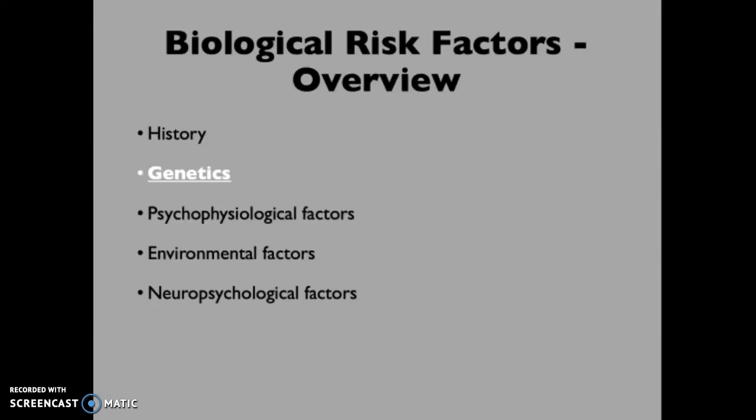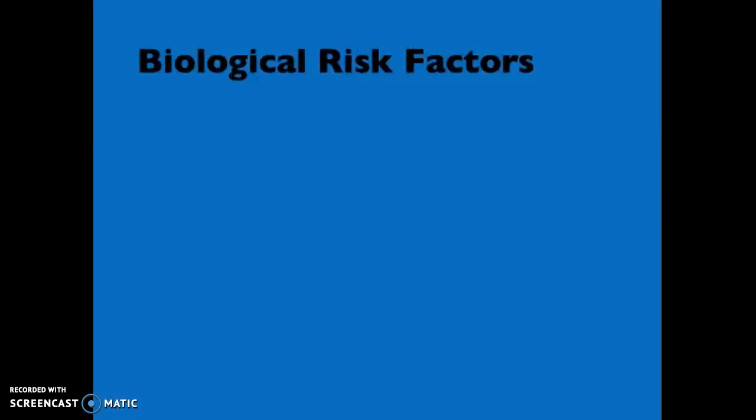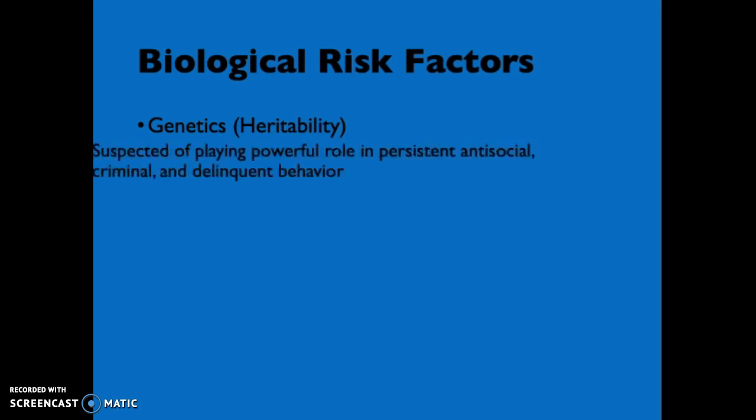All right, in this video we're going to look at the genetics for chapter 3. This is just a brief biological overview. Hopefully many of you have learned a little bit of this before.